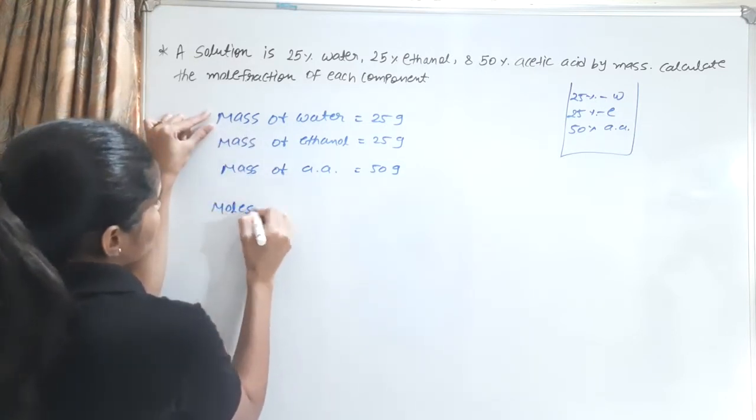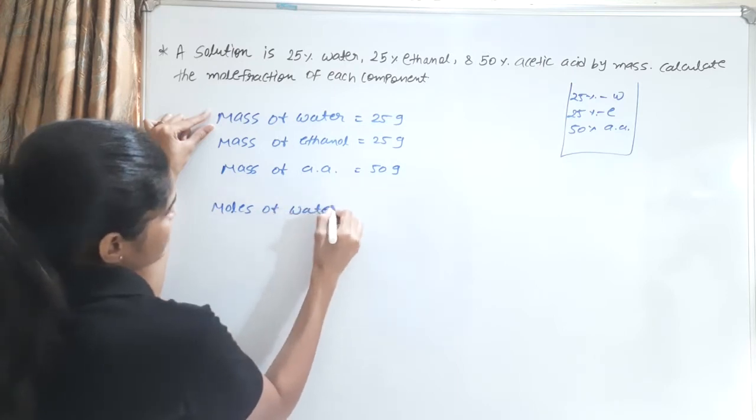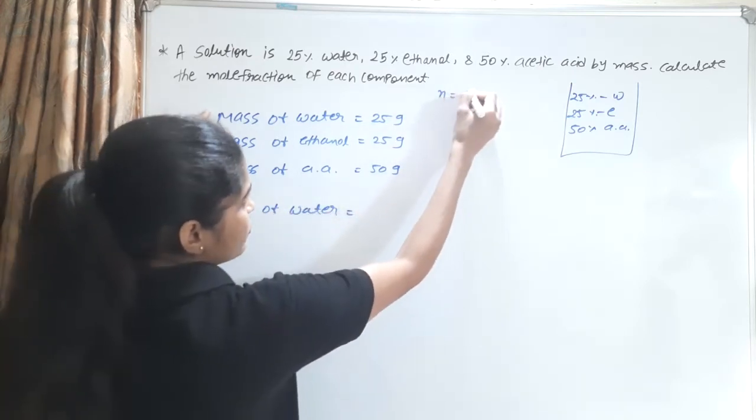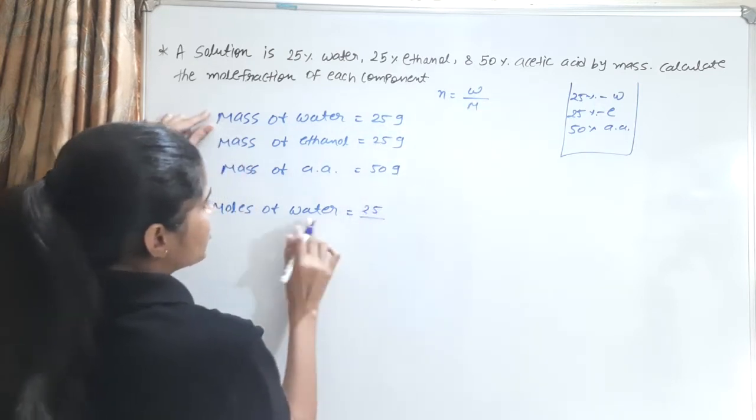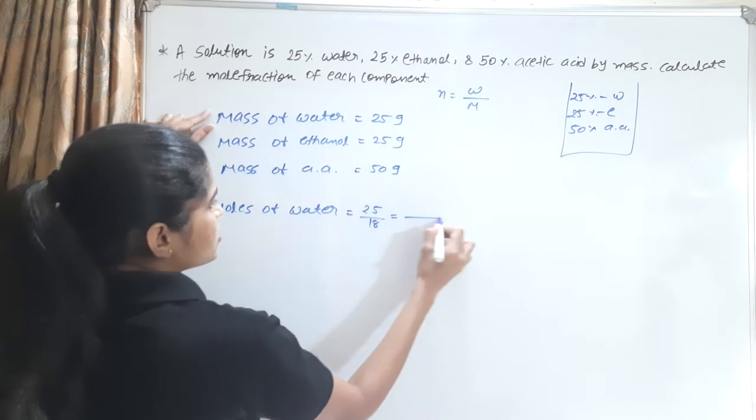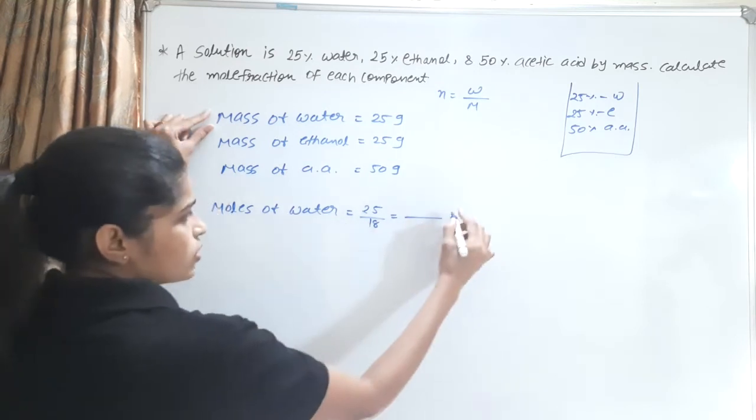Then moles of water is equal to n is equal to weight upon molar mass. So this weight given 25 and water molar mass is 18. So it gives the value of the moles.